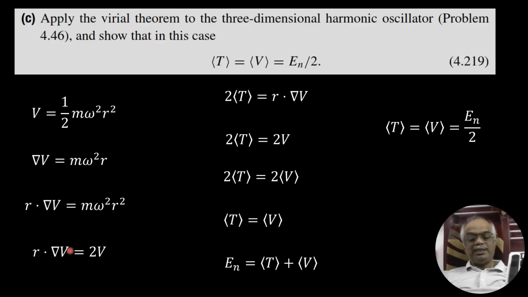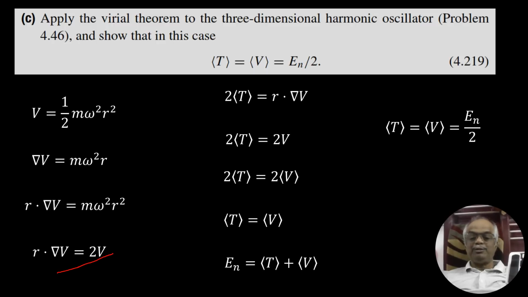So this is literally equal to 2 times the potential energy. So we have seen in section A, 2 times the kinetic energy is equal to r dot ∇V.